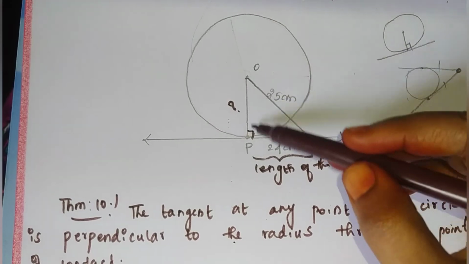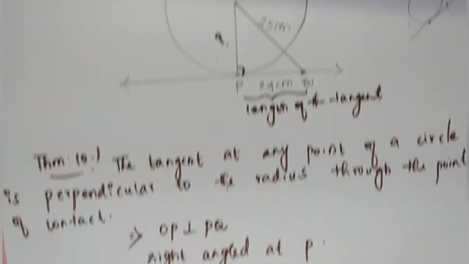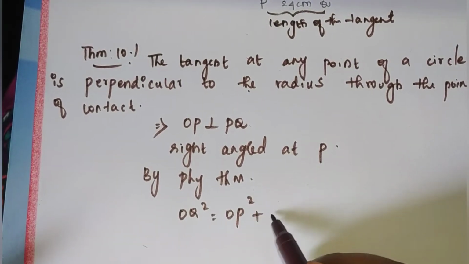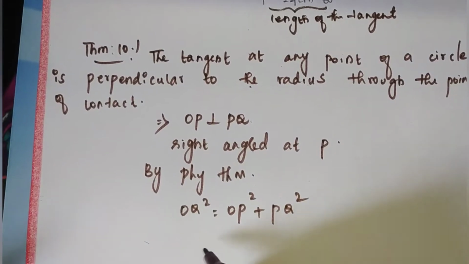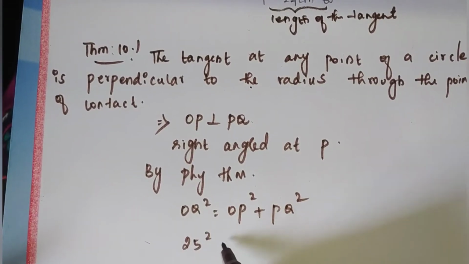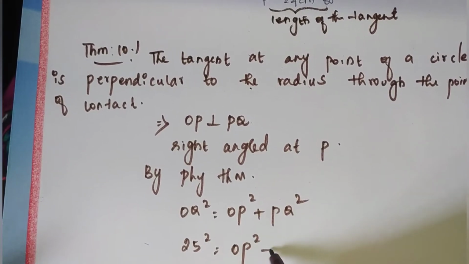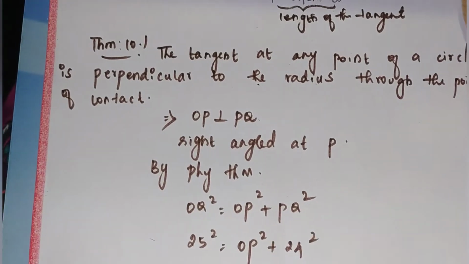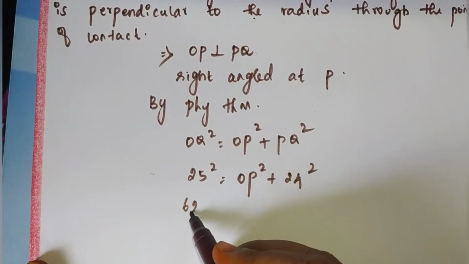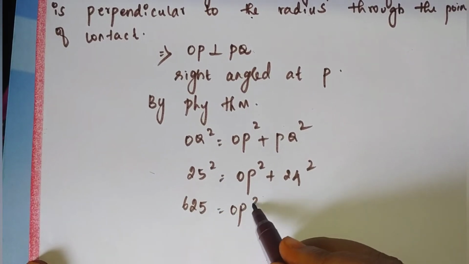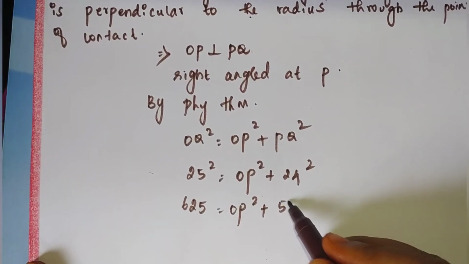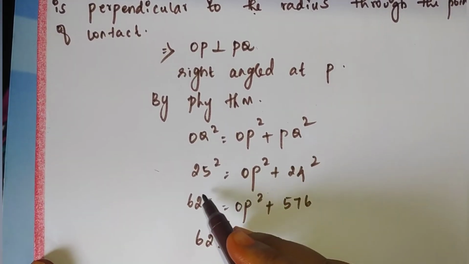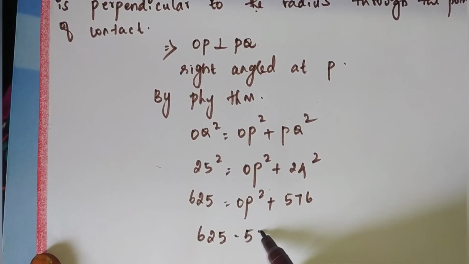OQ square is equal to OP square plus PQ square. OQ is 25 square. OP is what we have to find. And PQ is 24 square. So 25 square is 625. OP square plus 24 square is 576. So we have to find OP square. Shift this to the left hand side.